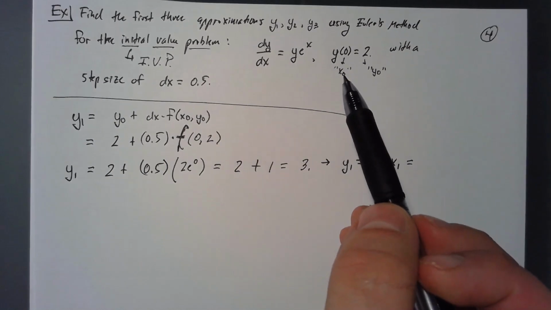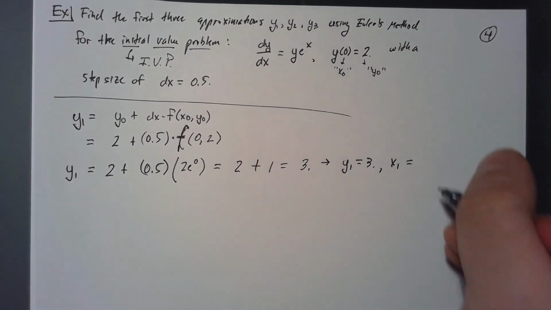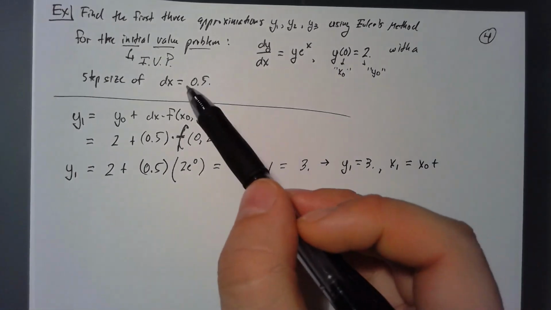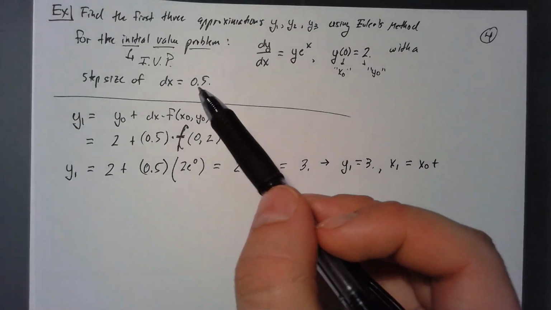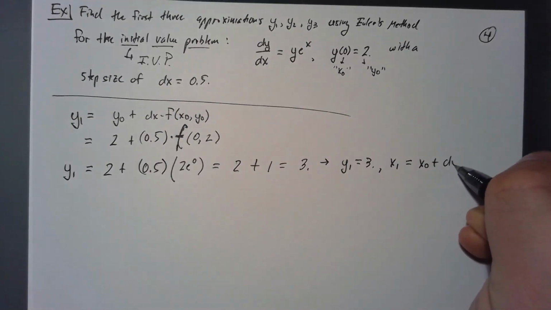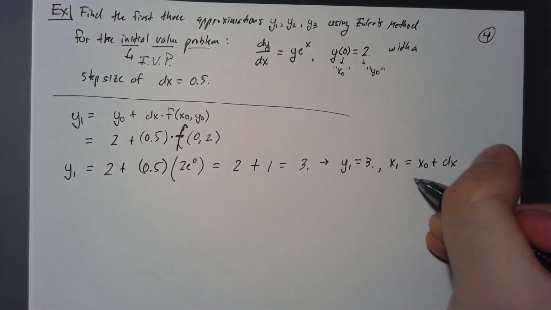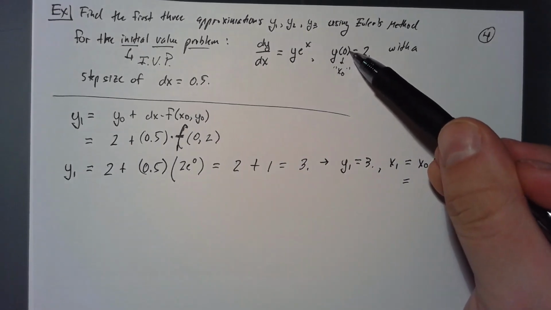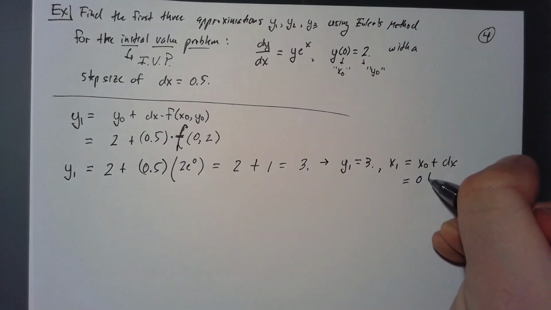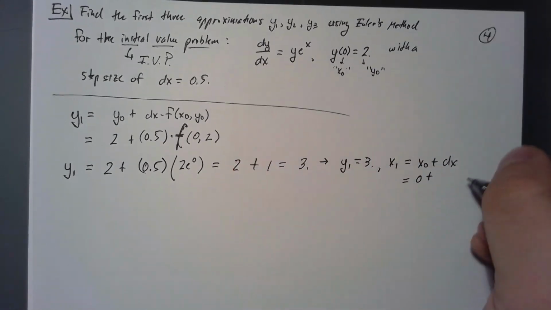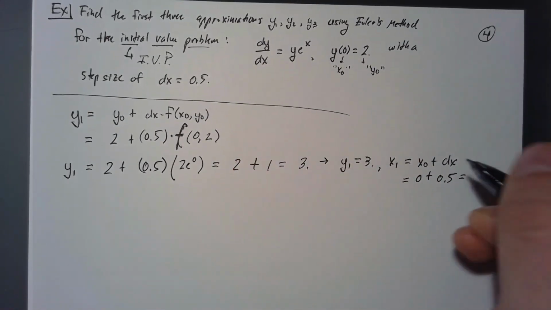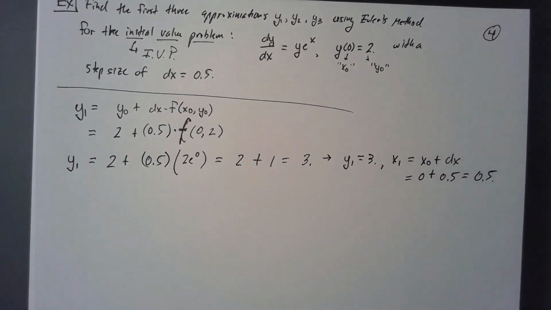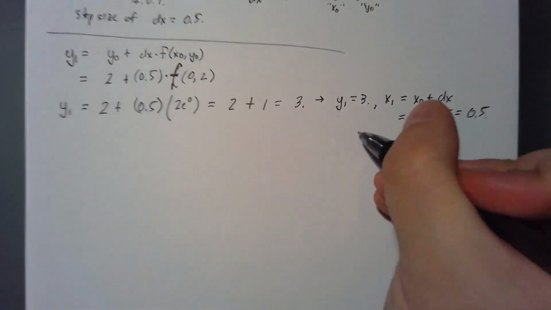I started at x of 0, and then to get to x of 1, I'm going to add my increment size. What's my increment? 0.5. So I'm going to add dx. My starting point for x, which was 0, plus my increment size, which is 0.5. So that means x of 1 is 0.5.